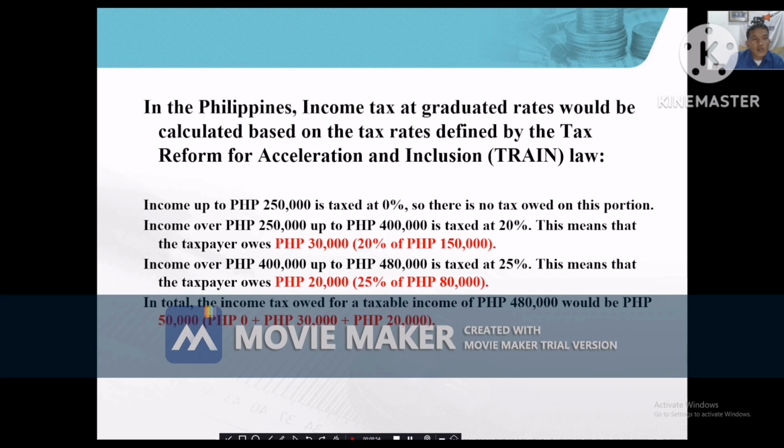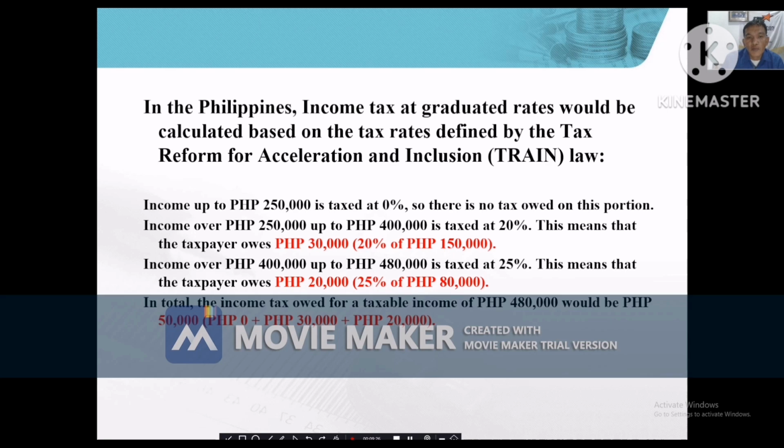Then, income over 250,000 up to 400,000 is taxable at 20%. So, this means na yung 400,000, i-deduct mo tong 250,000, kasi walang tax pa to, equals to 150,000. So, 20% of 150,000 is equals to 30,000.